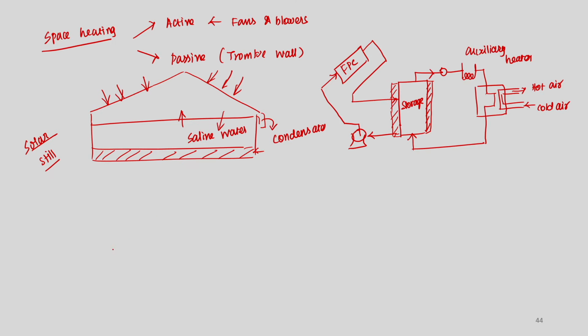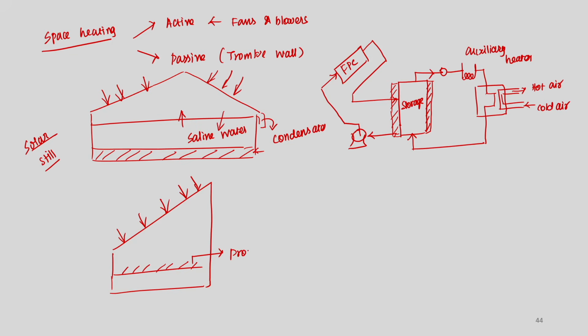After that you have a thermal application in terms of drying, solar drying, right. There also you have a collector arrangement where your solar radiation comes in, and inside there are perforated trays where your product is kept, right.